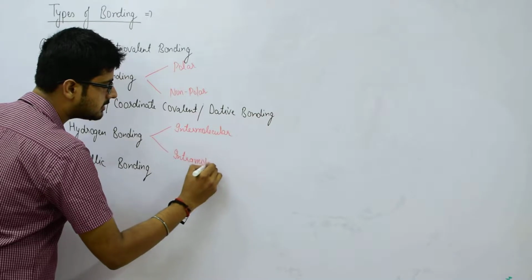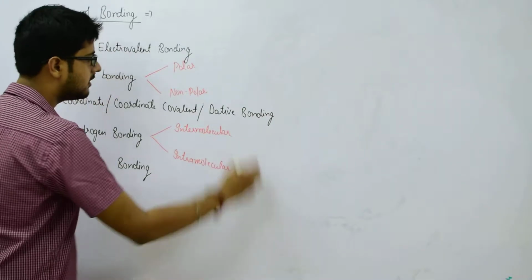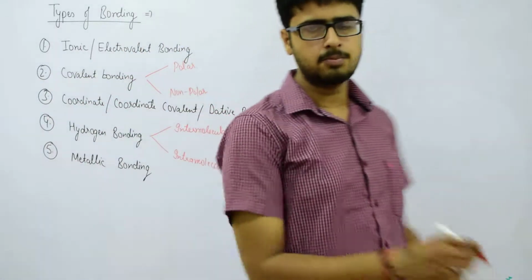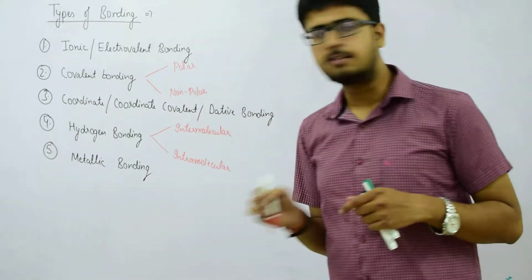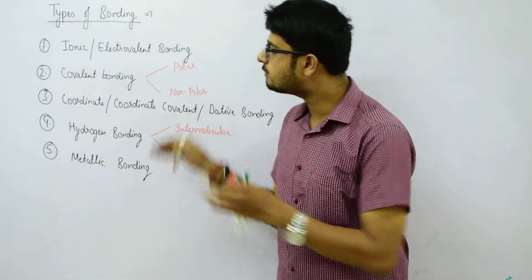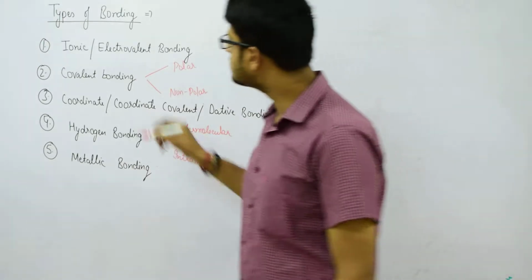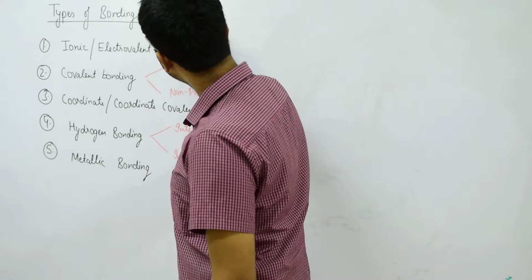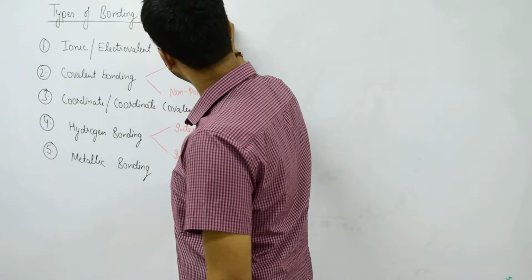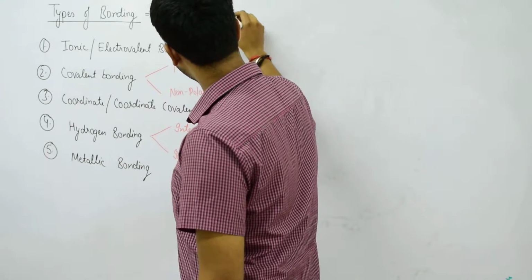So we have to see 5 types of bonding, and these 5 types are categorized by the mechanism by which they are formed.